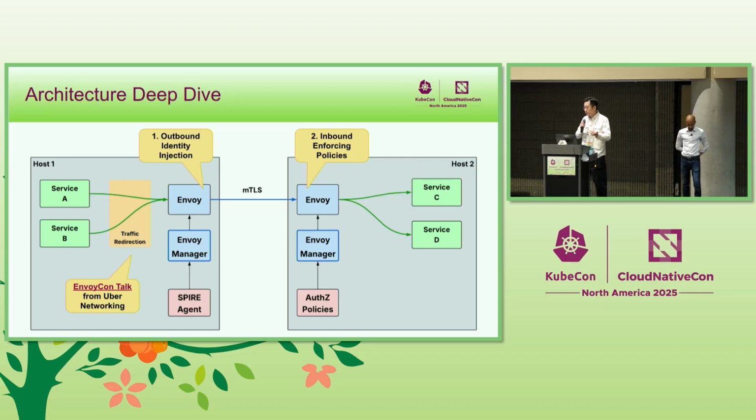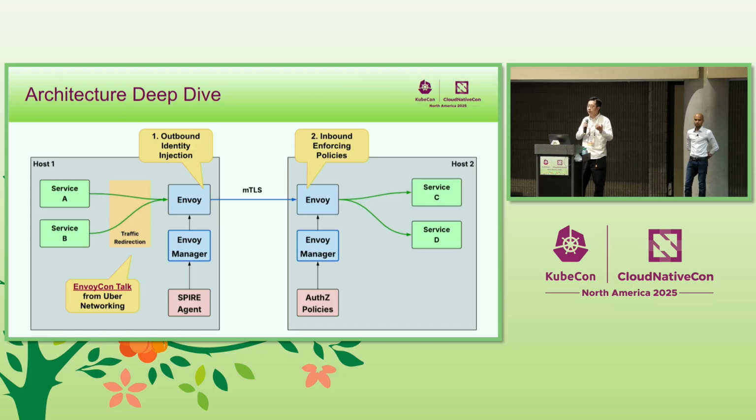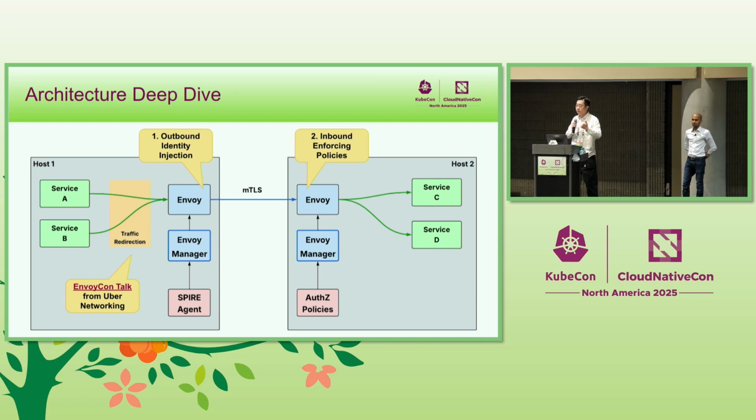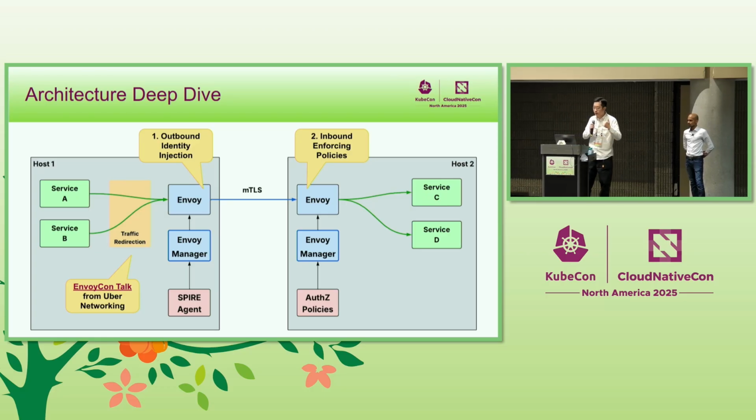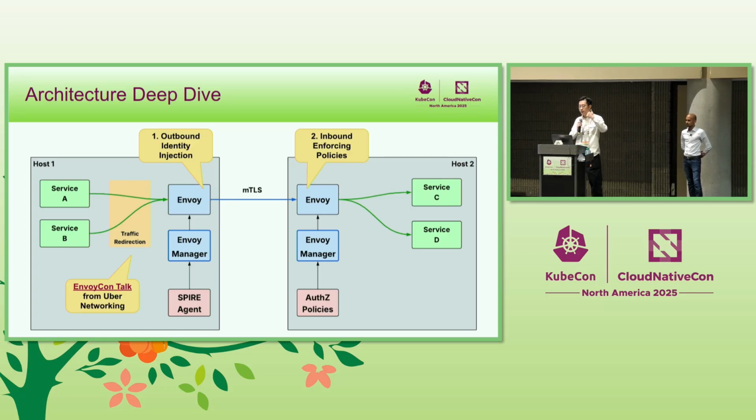The other two major parts are on the client side, host 1, where we have this outbound functionality built into Envoy that would inject the identity when it receives the connection from the service and use that to establish a mutual TLS connection to the destination Envoy on the remote host. On the right side of the diagram, when the mutual TLS connection hits the Envoy again, we built a functionality into Envoy to enforce authorization policies on the inbound.